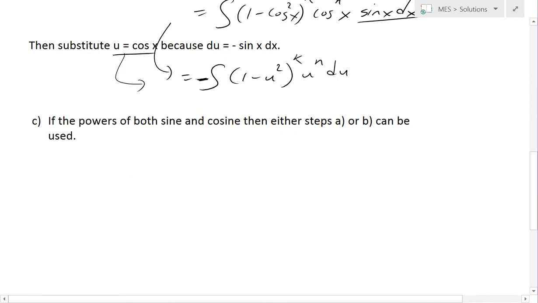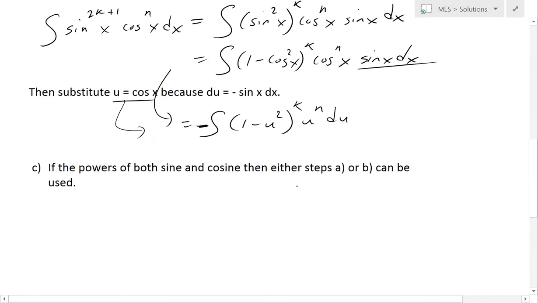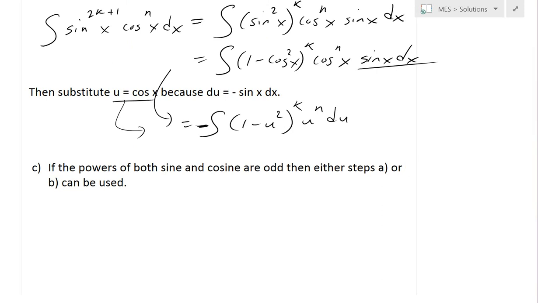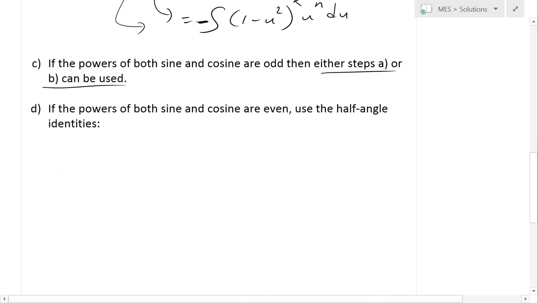Now if the powers of both sine and cosine are odd, then either step A or B can be used, so it doesn't matter which one you pick. And the last guideline is: if the powers of both sine and cosine are even, then we use the half angle identities.